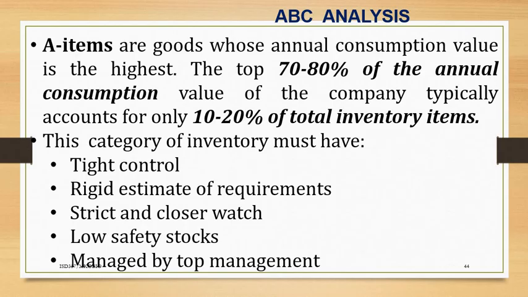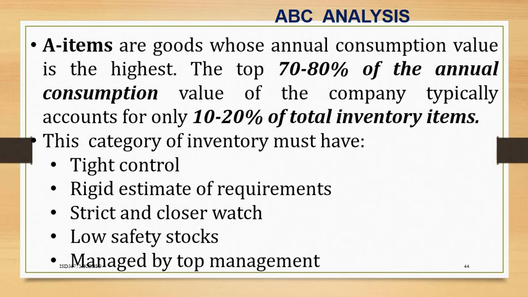In case you're having laptops, the value of a laptop is high, so their annual consumption value is high, but their inventory stock level is low because we don't normally keep more of them as inventory. We keep a required number. So those A items are few, but their value is high. Their annual consumption is 70 to 80%, and their inventory level is 10 to 20%.